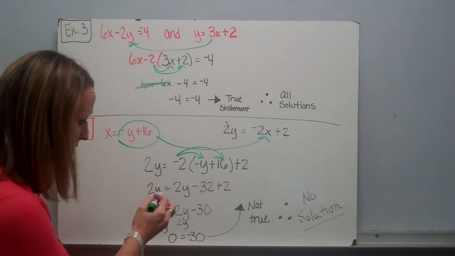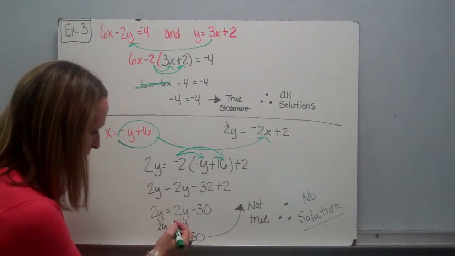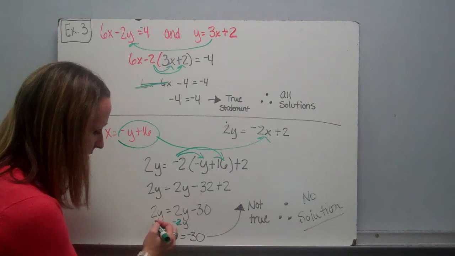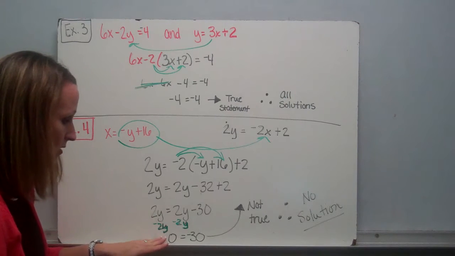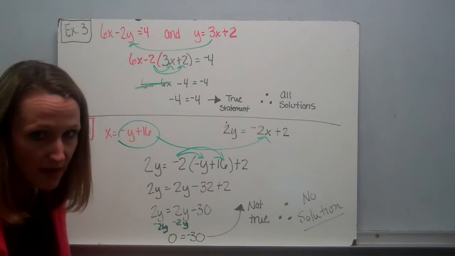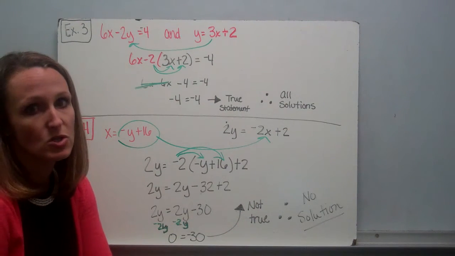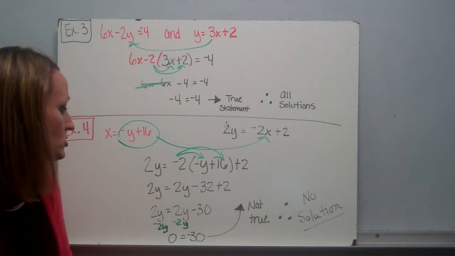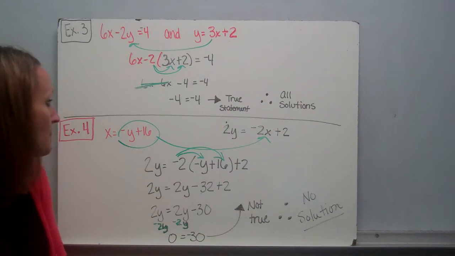Combine your like terms, so we get 2y equals 2y minus 30. Now, when I subtract my 2y from both sides, I end up with 0 on the left and a negative 30 on the other side. 0 is never going to equal negative 30. So this is not a true statement. So there's no solution. So what this is saying is that these two lines aren't going to cross.